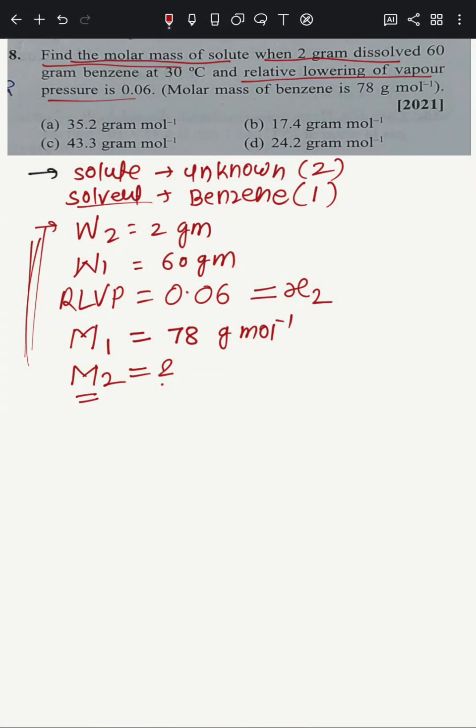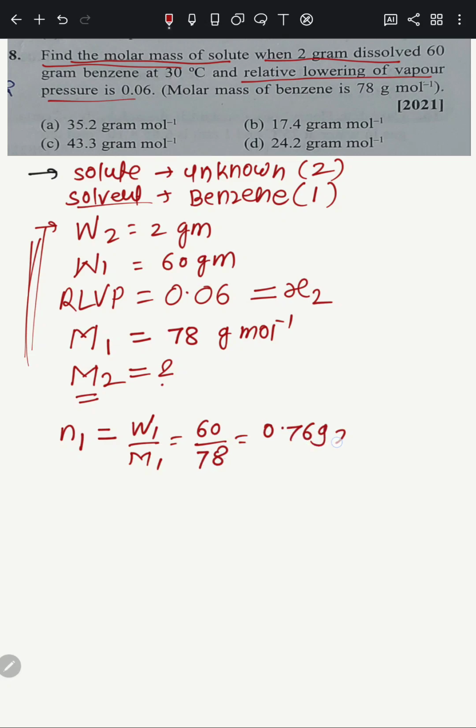Initially I am going to count the number of moles of solvent, that is N1. W1 is available, M1 is available, so W1 upon M1 is 60 upon 78. The answer is coming 0.7692.